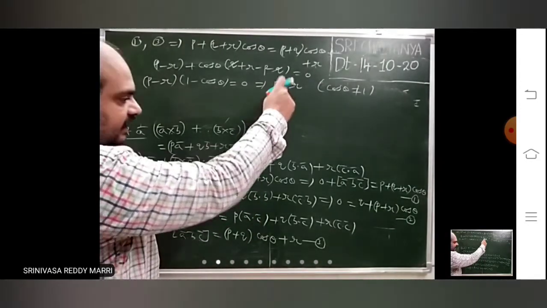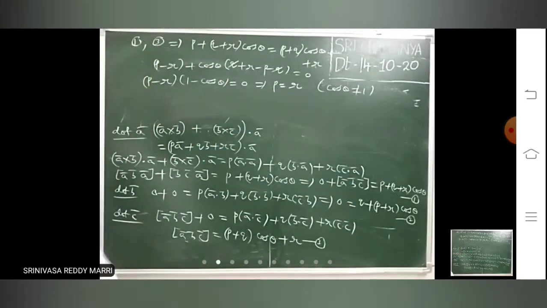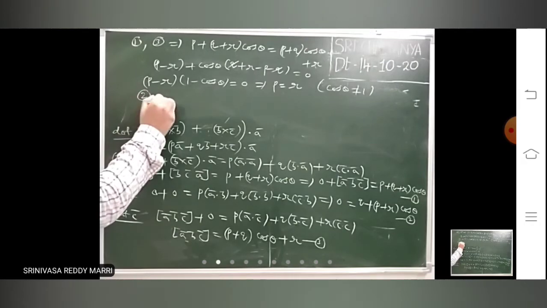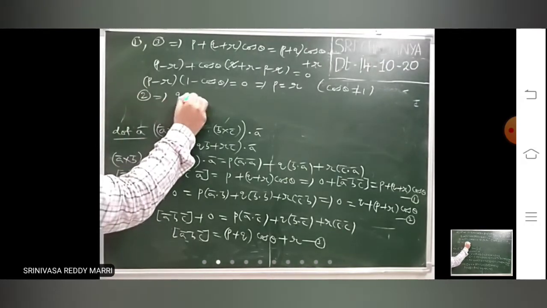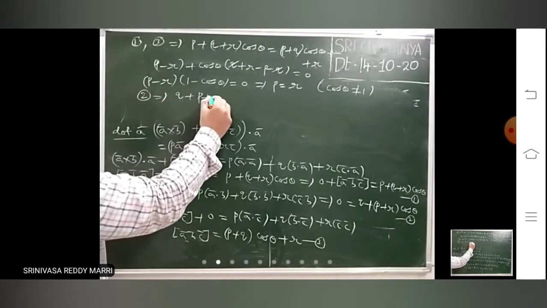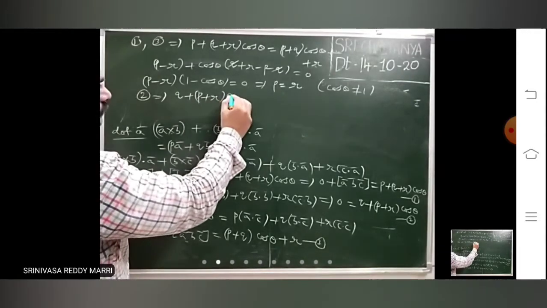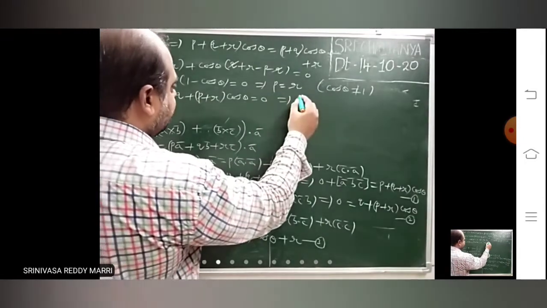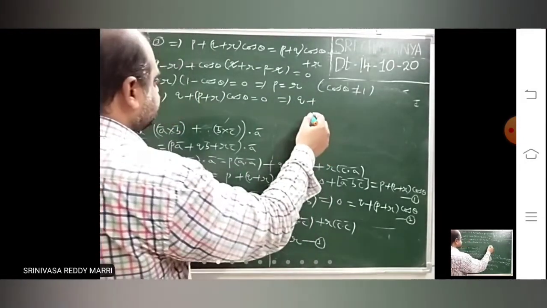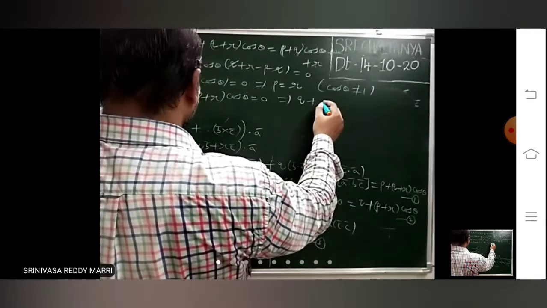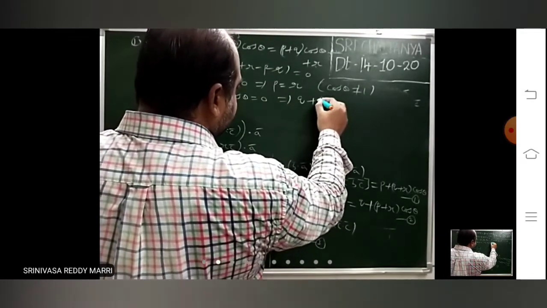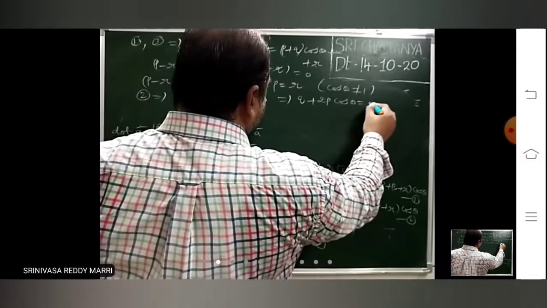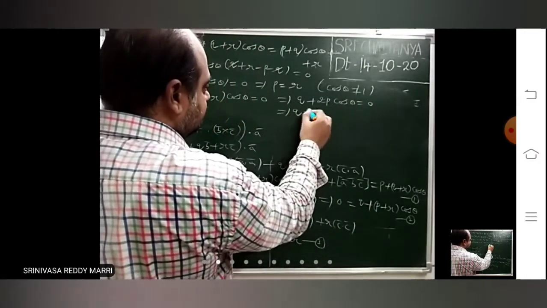Now look at the second equation. He is asking the relation between Q and P. The second equation is Q plus P plus R cos theta equals 0. Substitute R equal to P. Then you will get Q plus 2P cos theta equals 0.